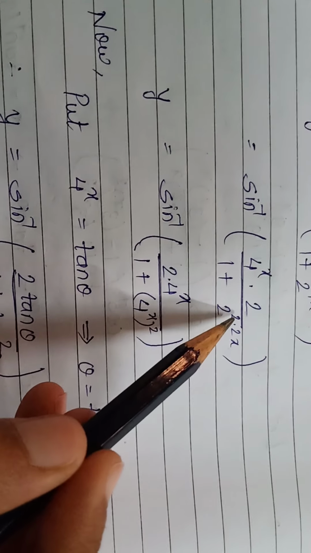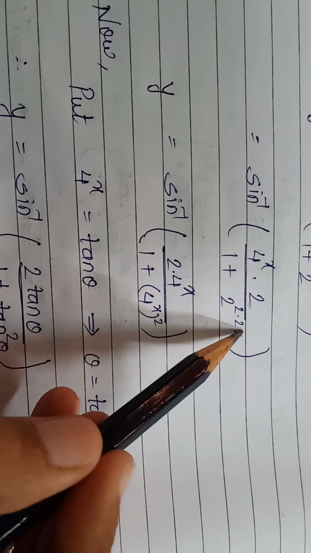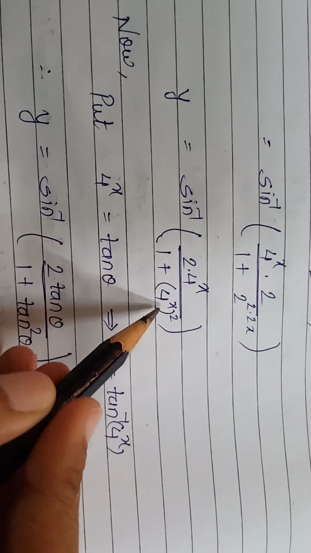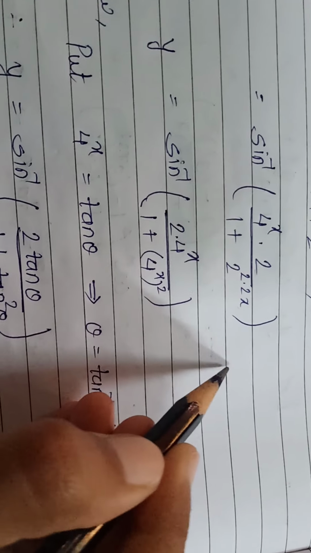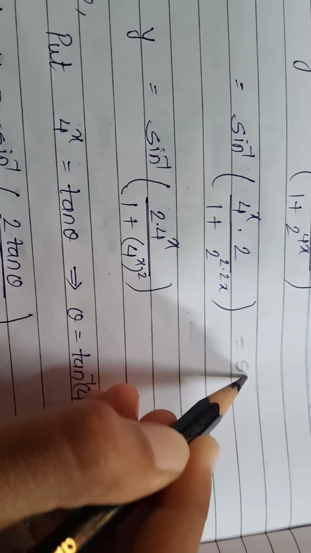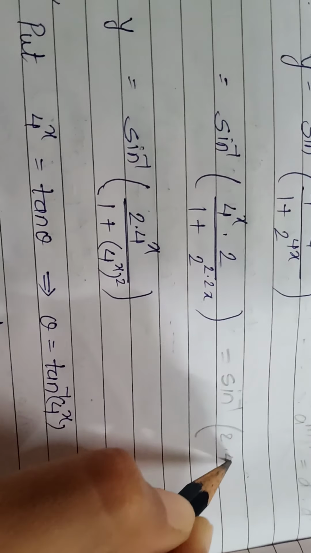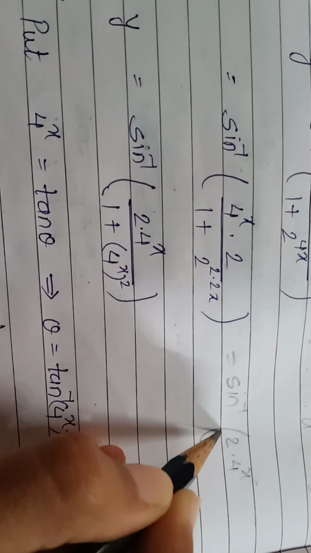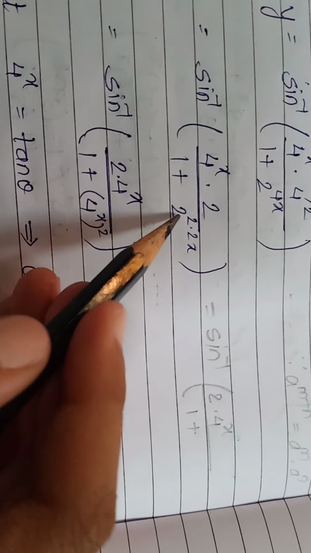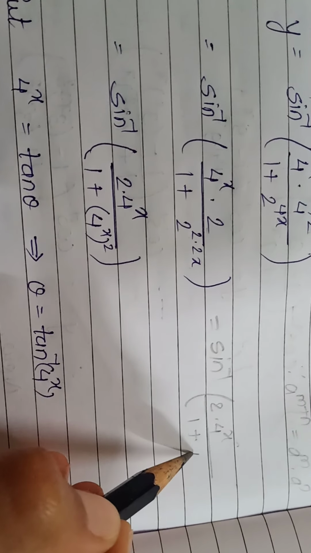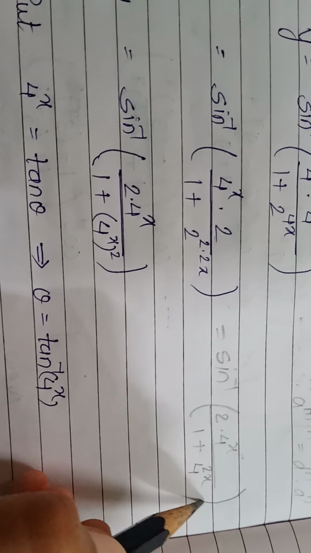So how can we make this? We'll use this 2 raised to 2 as 4 and this x. So here I wrote directly. If you want you can put one step in the middle. So this will be sine inverse of 2 into 4 raised to x upon 1 plus this 2 raised to 2, will make it as 4, and then it will be 2x, 4 raised to 2x.